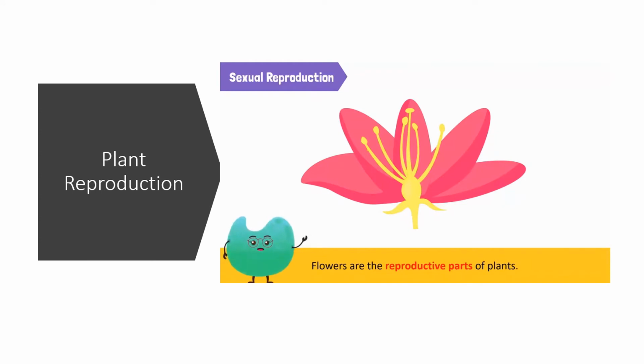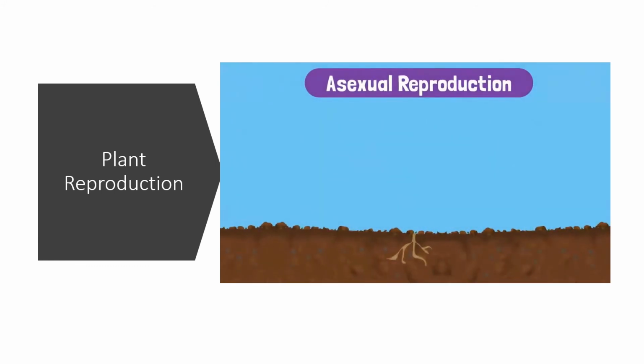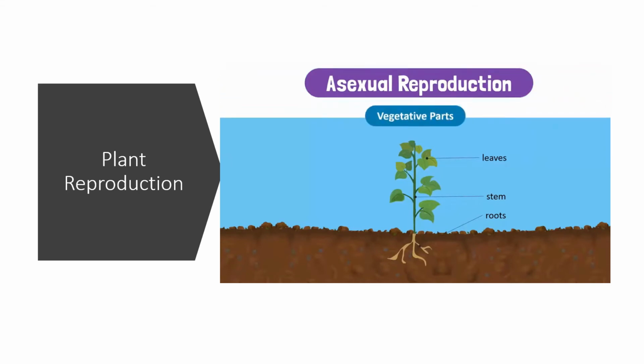Oh, but I bet you're wondering, what is asexual reproduction? Well, we know that plants have roots, stems, and leaves. These parts are called the vegetative parts of a plant. When a new plant is formed using these parts, the process is called vegetative propagation or asexual reproduction.